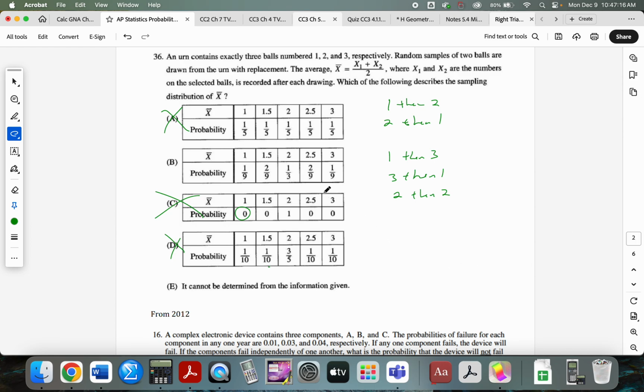And then how many ways can you get 2 1/2? 2 ways. 2 then 3, 3 then 2. And then to get 3, the only way to get that is get a 3 and then get a 3.